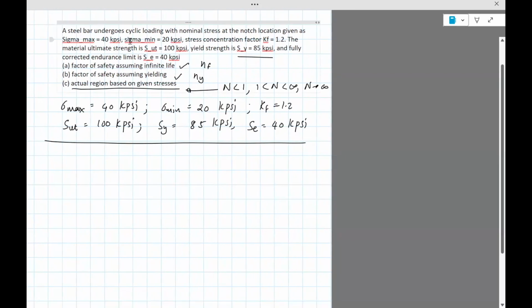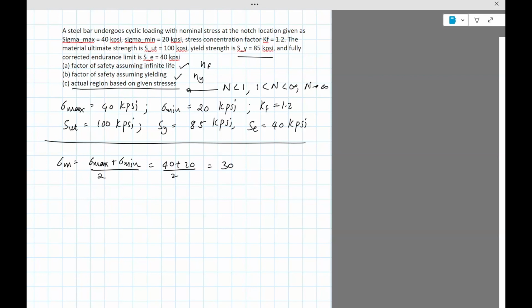Before we can compute the factor of safety using any method, we need to first figure out what the average and mean stress is. So the mean stress is always half of the max and min. So half of 40 plus 20 is 30 kpsi.